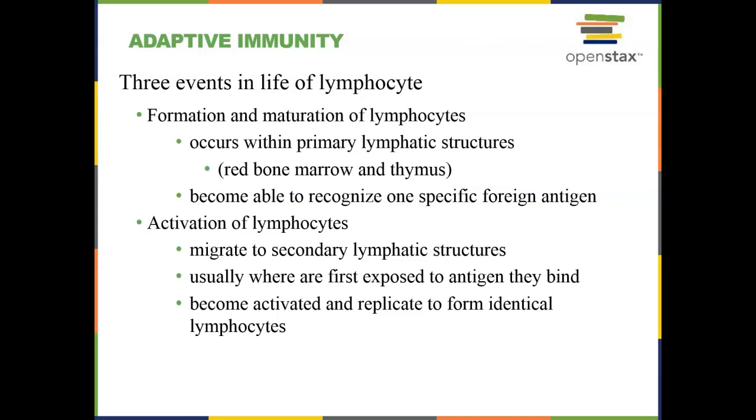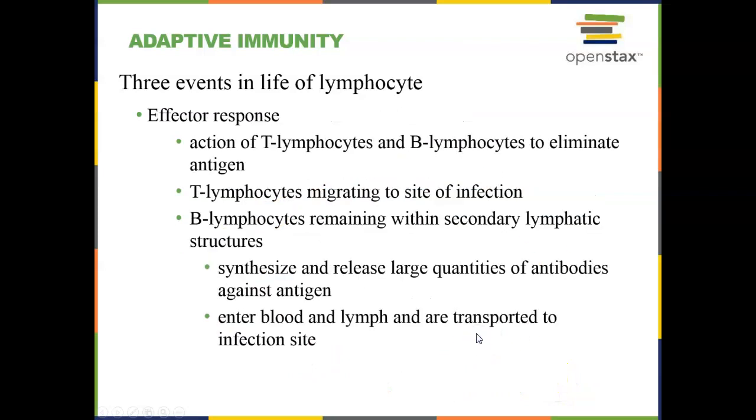And then the last step is the effector response. So what do they do? When T lymphocytes get activated, they are going to start producing chemicals, so they bind to the infected cells and produce chemicals that kill those cells.